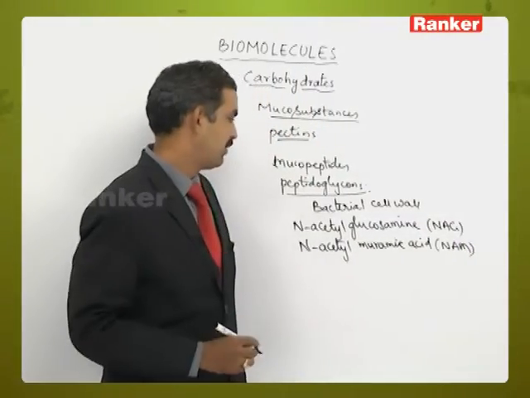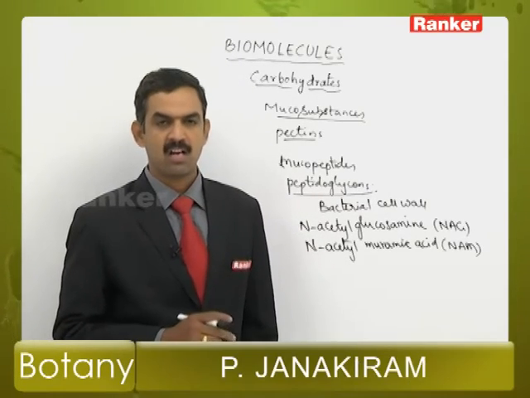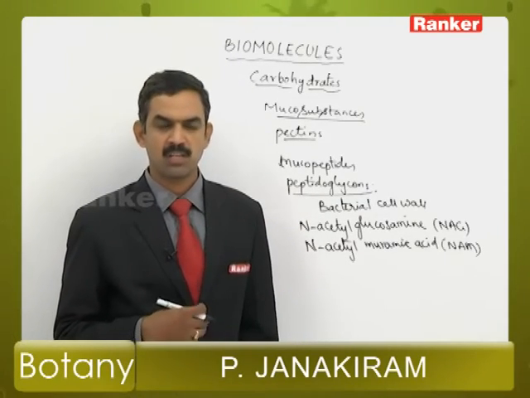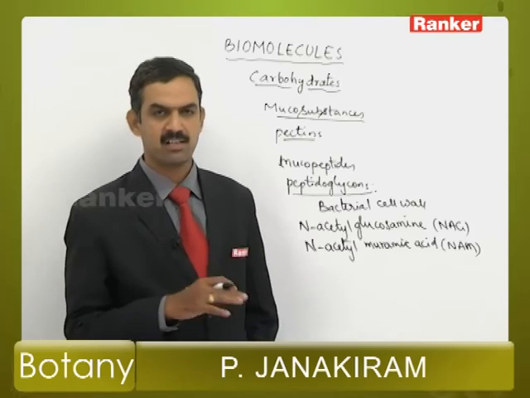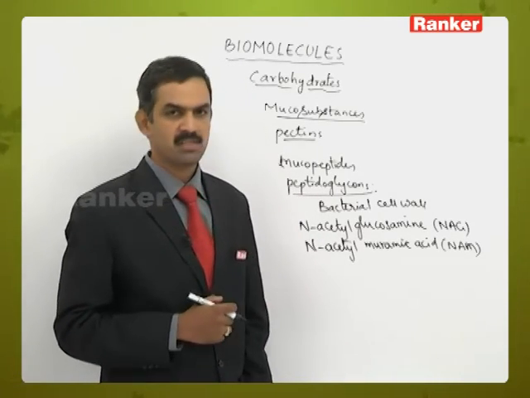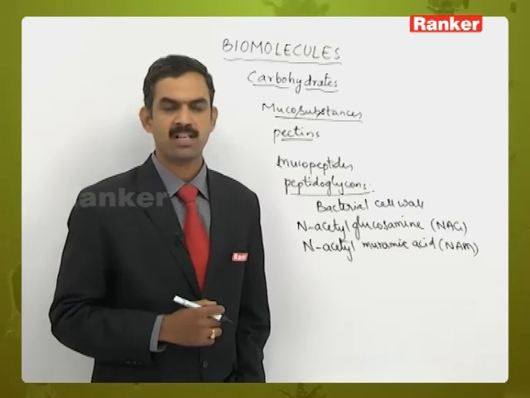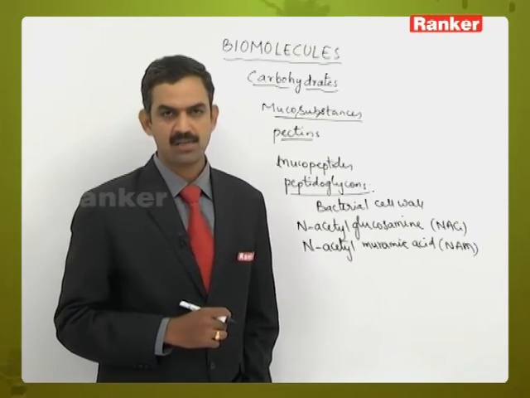This protects the bacterial cell from various harmful effects, and also from osmotic lysis. Likewise, various significances are related to the peptidoglycans present in the cell wall of bacteria. It is otherwise called mucopeptide or murein or muramic acid also.